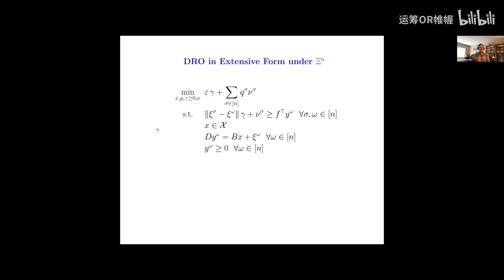So this is it. If the storyline is you've got this two-stage stochastic LP, you have these fixed points of support, and nature only gets to mess with the probability mass on those fixed points of support, then what we end up with is a large-scale linear program. And we paid a price here in the sense that it appears to be quadratically larger because there are n-squared constraints that sit here.